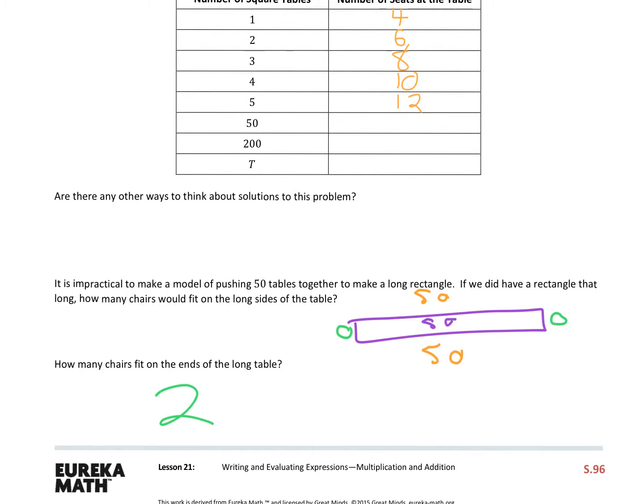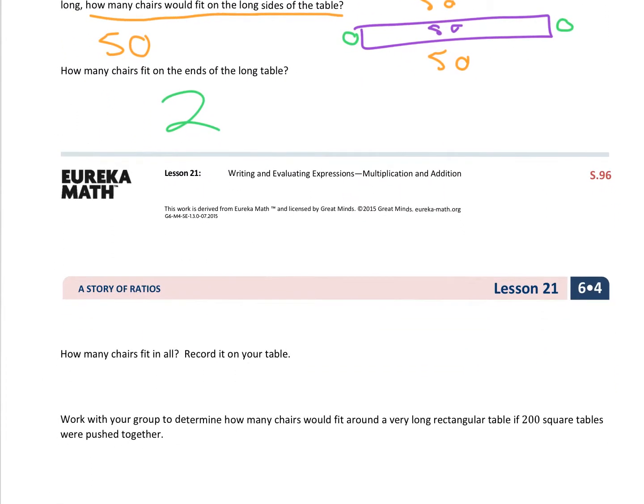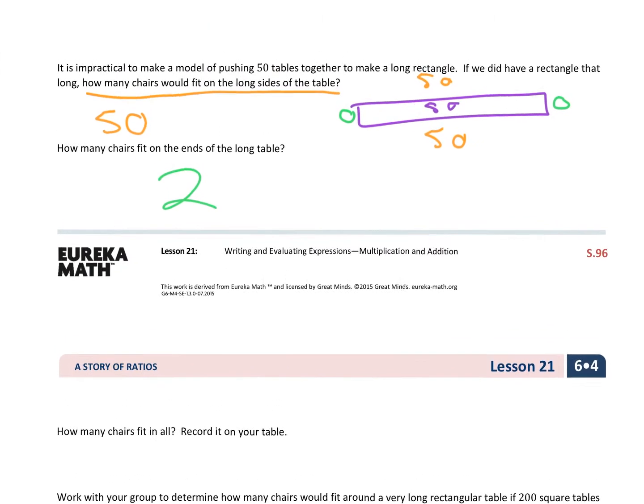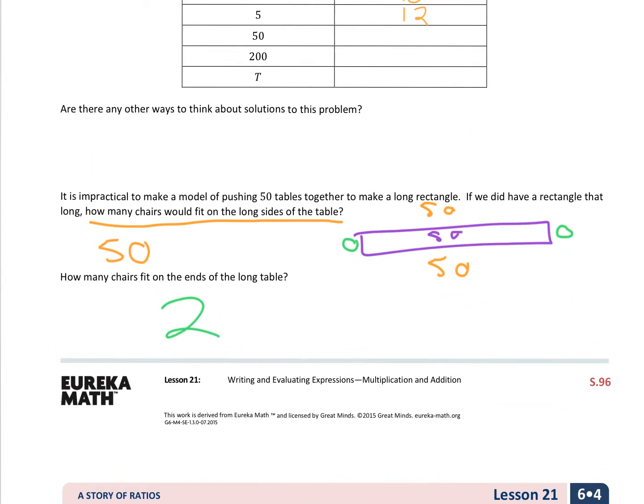Oh, and I forgot about answering how many chairs would fit on the long sides of the table. 50 on each side. And so how many chairs would fit in all? That would be the 50 plus the 50, plus the 2 on the ends.